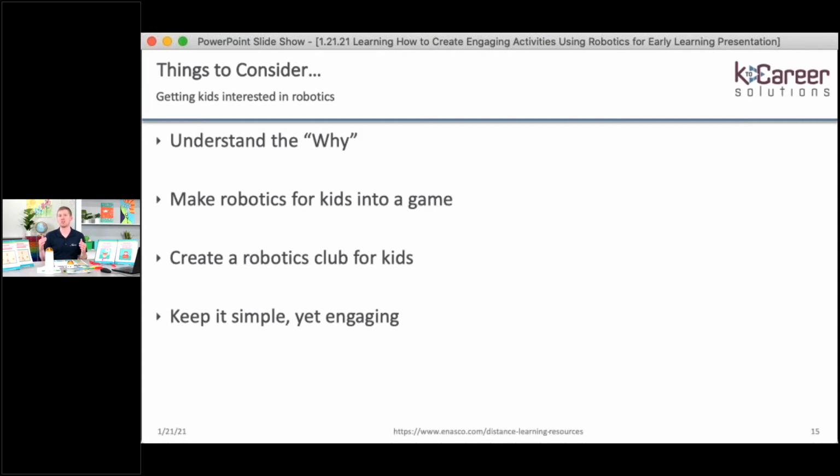This technology is being used more and more. With that technology being used more and more are more jobs and more career paths that students can use. And if they're exposed to it early on, at their early grade levels, and they're engaged and they're excited about it, that sticks with them that maybe, hey, this might be something I want to do later on in life. So that's the why. There's more careers and jobs out there, and there's a need for it.